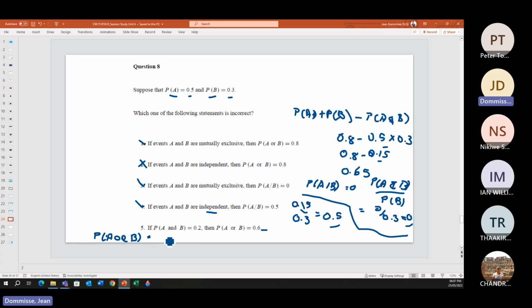is equal to probability of A plus probability of B minus probability of A and B. Okay, so we know that probability of A plus B was 0.8.